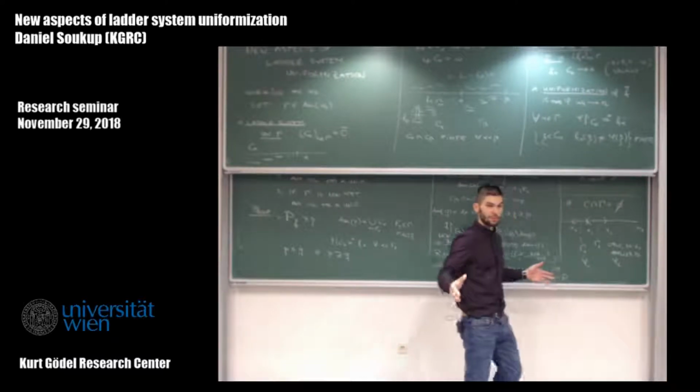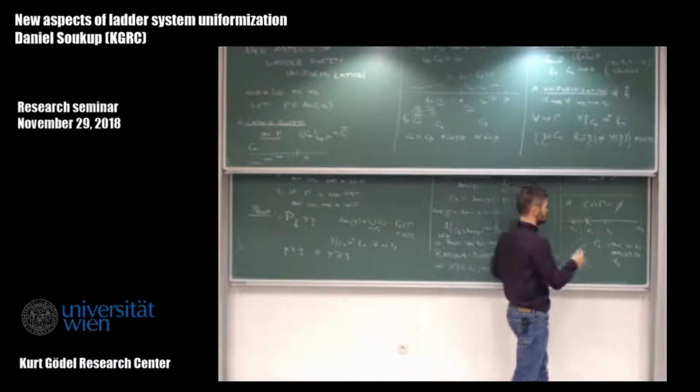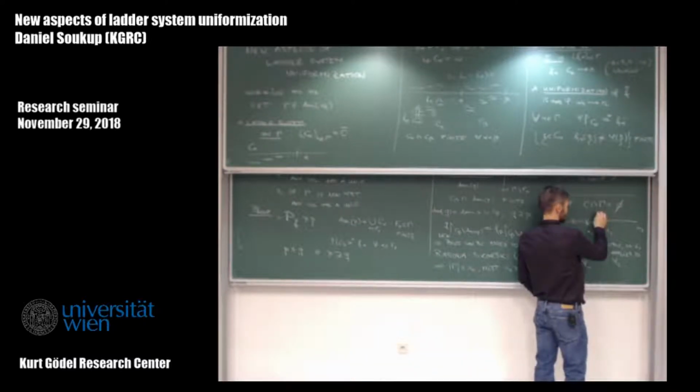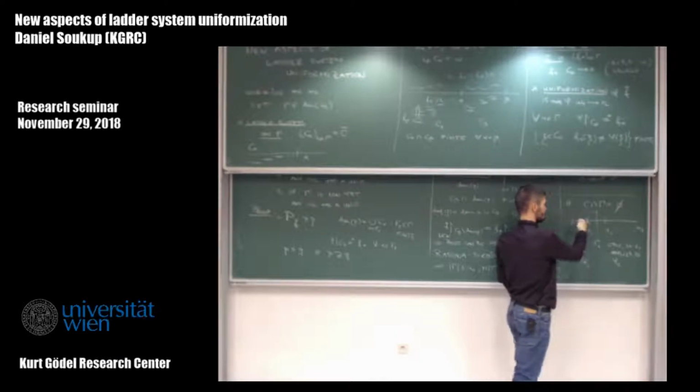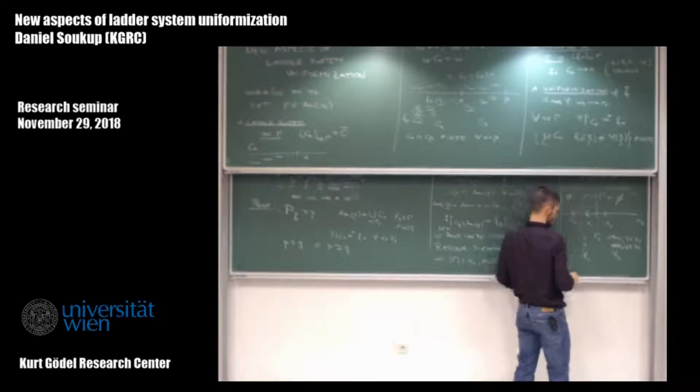If you put these together, that's a uniformization for the whole thing. You never run into trouble because a ladder from an interval only meets all the smaller intervals in at most finitely many points.